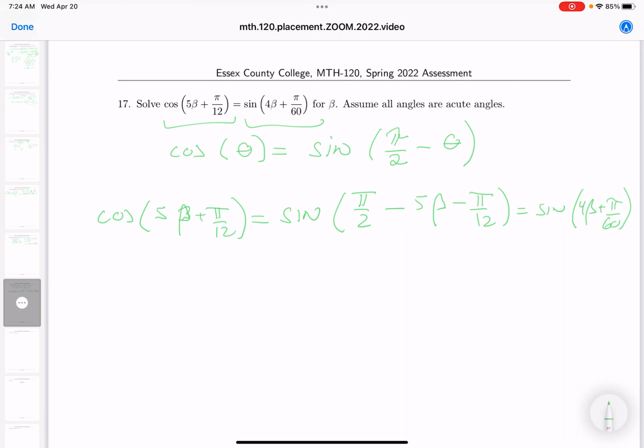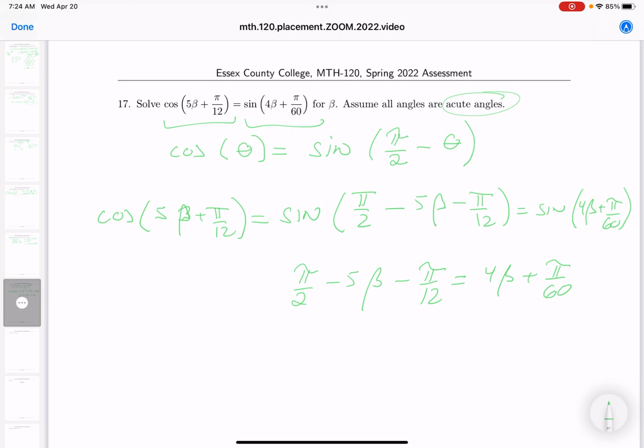And by the way, this problem's a little trickier than you might think, but they do say it's an acute angle, which really does help me out a great deal, because this would keep repeating itself over and over again. Let's write this down. The arguments must be equal now, so pi over 2 minus 5 beta minus pi over 12 would be the same thing as 4 beta plus pi over 16.